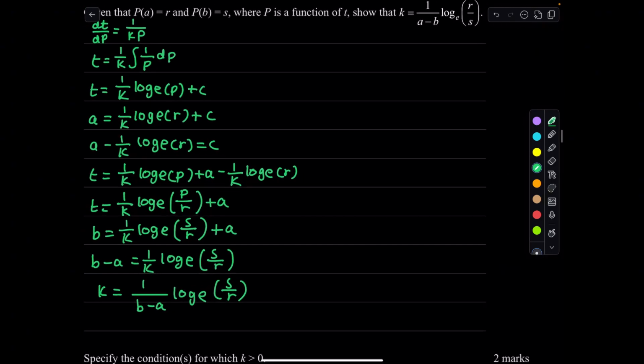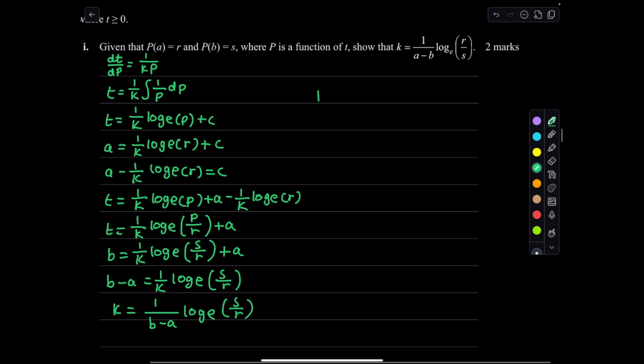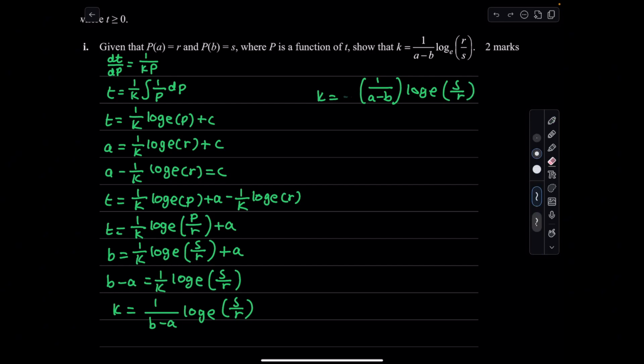So what I'm going to do is rewrite this nicely. I'm going to take a negative out of this whole expression, which is now 1 over a minus b log s over r. You remember what happens in log laws? If you have a negative, you can bring it inside the log.